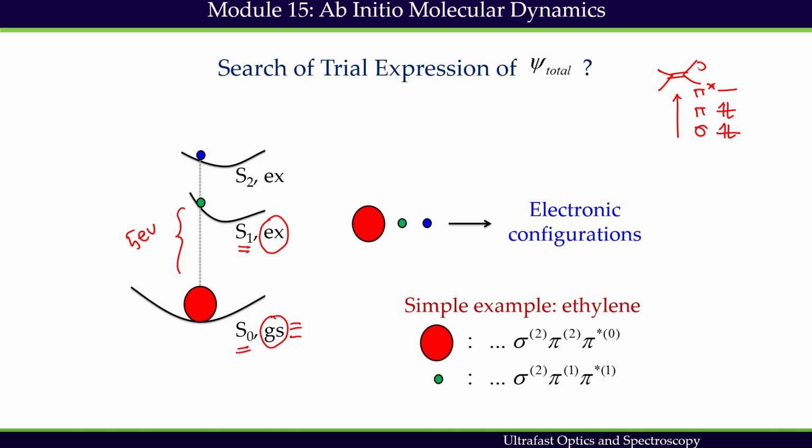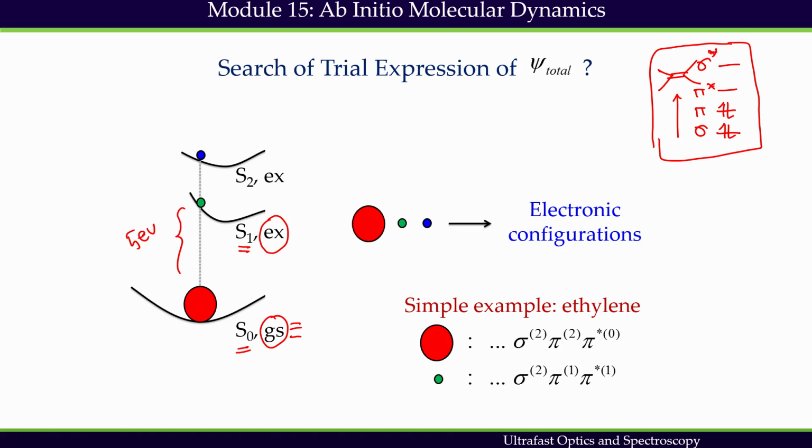And then we have sigma star as well, empty orbitals. So when we say electronic configuration, we mean how we fill the molecular orbitals.